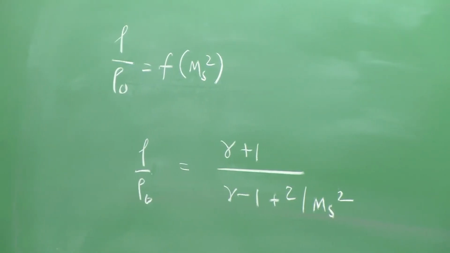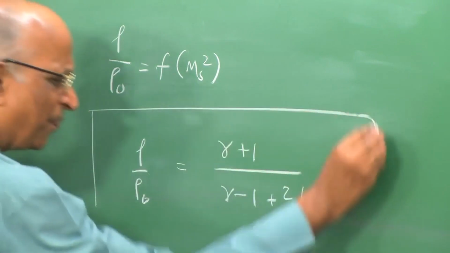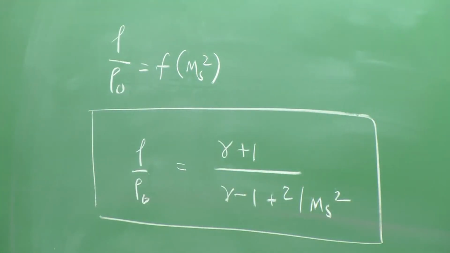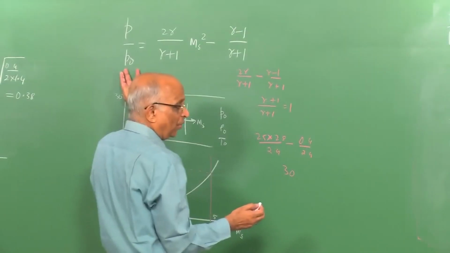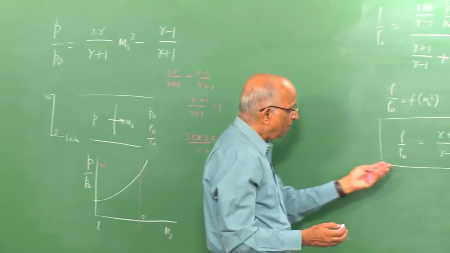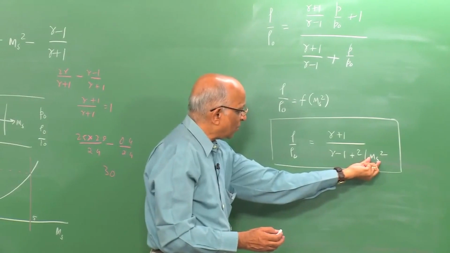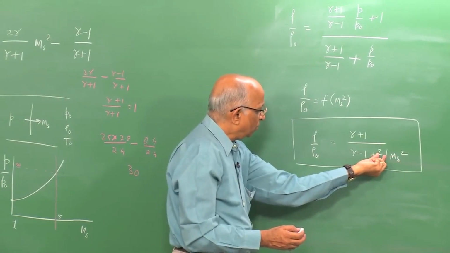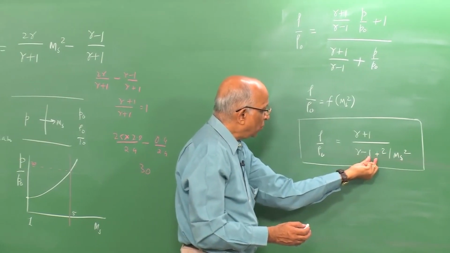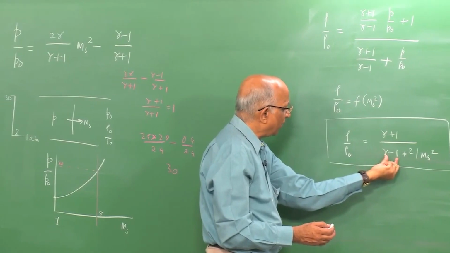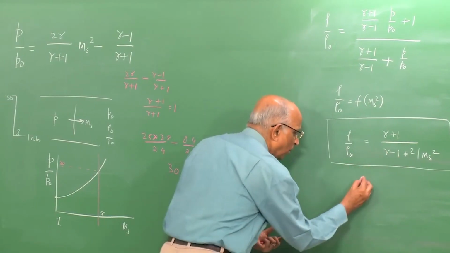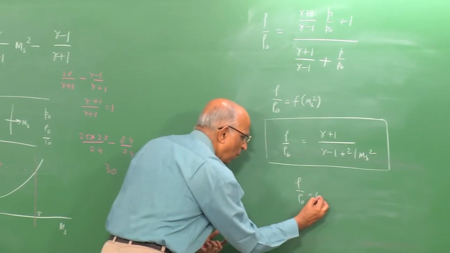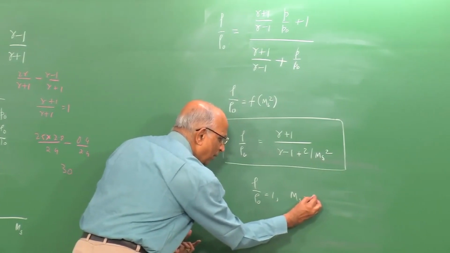All right. Therefore, what does this equation tell us? Let us again discuss this particular equation. This equation tells us exactly what the pressure ratio equation told us, namely when Ms is 1, that is, the shock speed equals the sound speed, I get 2 over here, 2 minus 1 is 1, gamma plus 1 divided by gamma plus 1. Therefore, rho by rho 0 is equal to 1 when Ms is equal to 1.